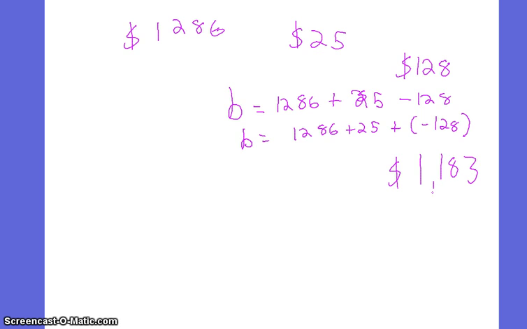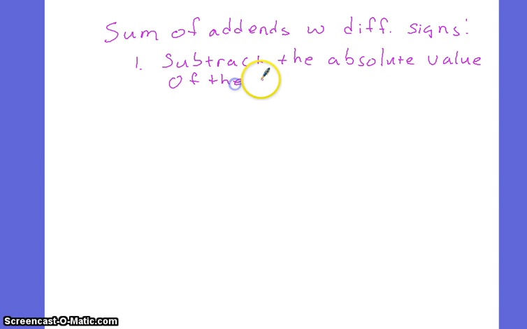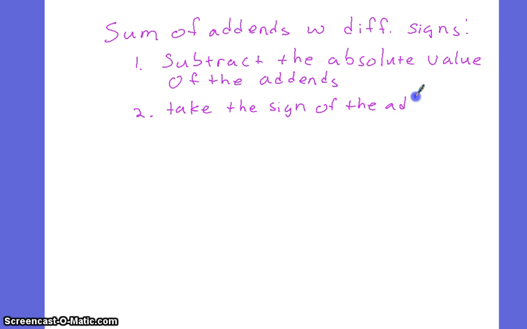So what that means for you is there are some rules. The sum of addends with different signs is: 1, subtract the absolute value of the addends, and 2, take the sign of the addend with the greater absolute value.